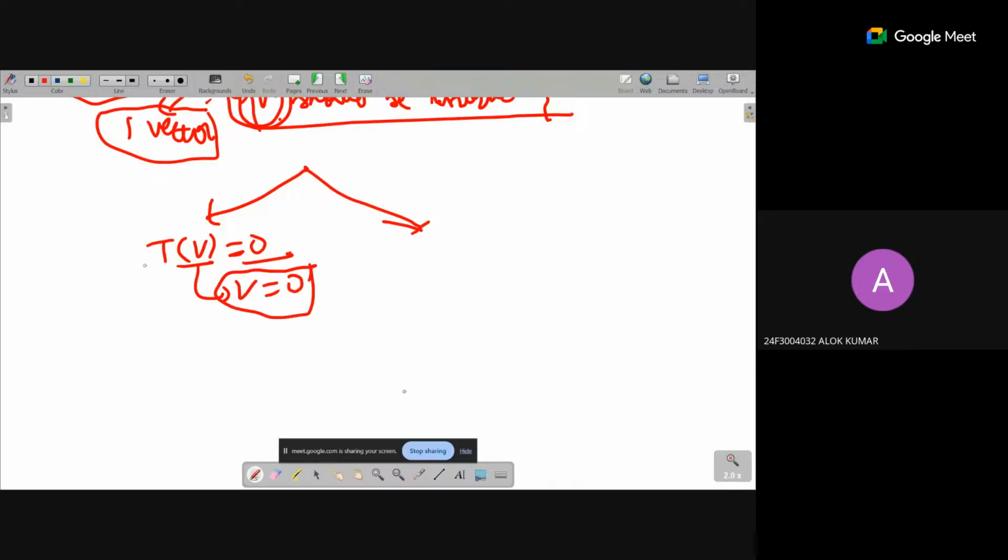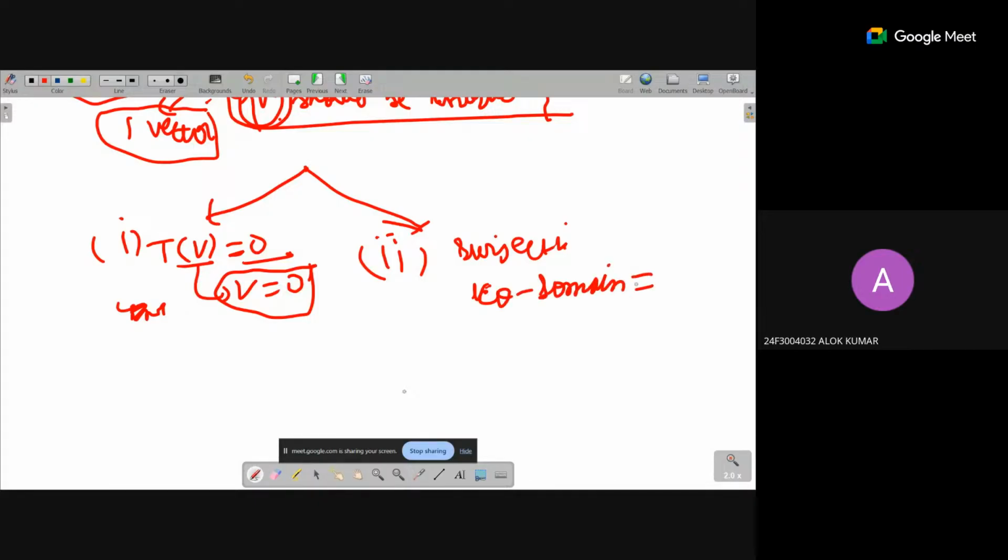If this condition is satisfied, then we say injective. And the condition of surjective is that the codomain must be equal to the image.